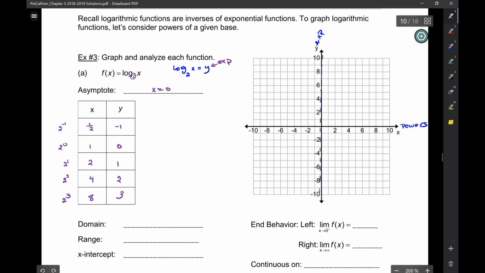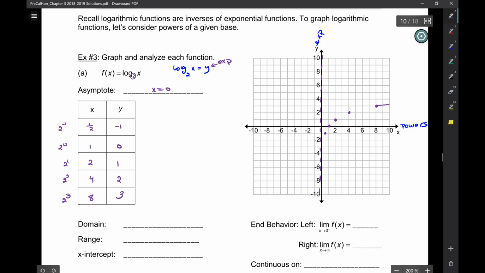So now, when x is 1/2, y is -1. When x is 1, y is 0. When x is 2, y is 1. When x is 4, y is 2. And then when x is 8, y is 3. All right?